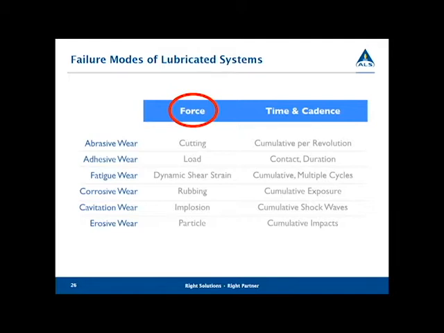All these things obviously have a force, and the forces are different. But with the force comes a time and cadence. It could be cumulative, per revolution, contact duration, all the way down to cumulative impacts. This is where it comes back down to that cascade of events that we saw earlier, understanding time, cadence, and force. By understanding this, we're starting to understand the very mechanisms of wear itself. And by understanding where these things come from, we can do something about eliminating it, or at least reducing it drastically.